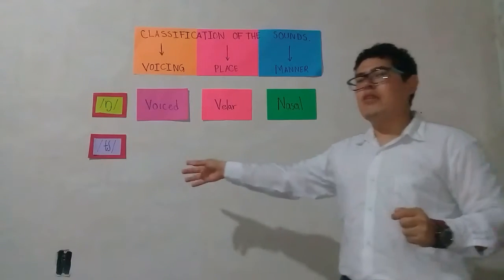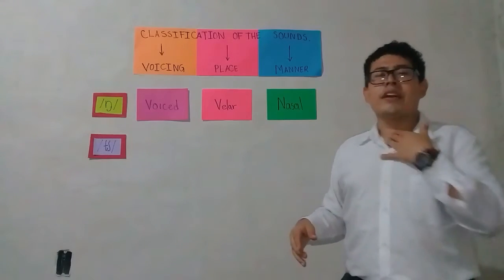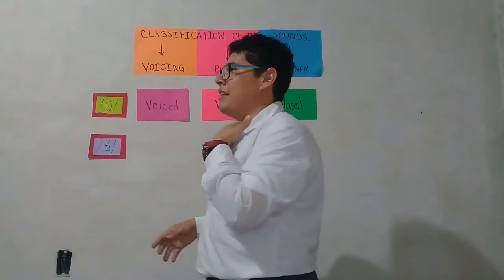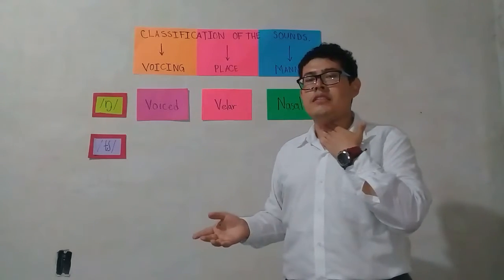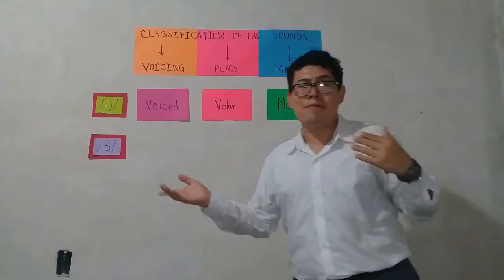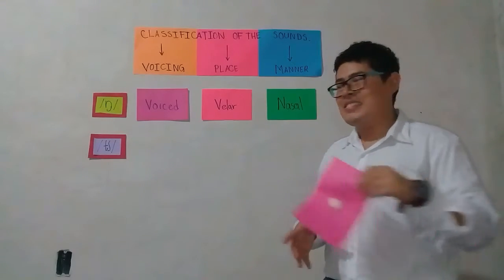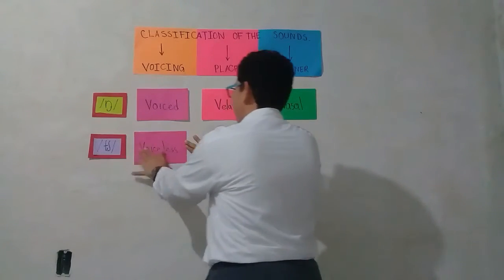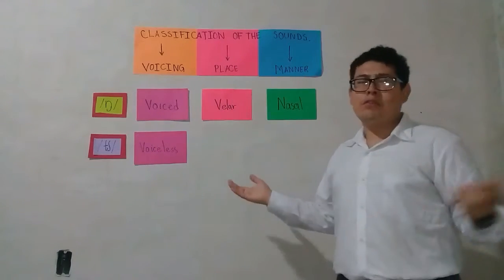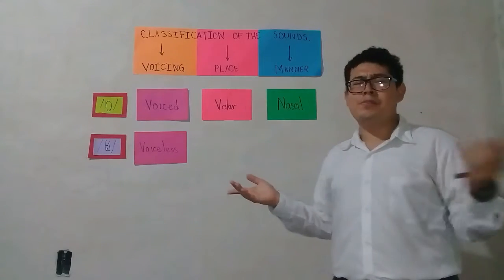But what about the sound of ch? Can we put our hand again on our throat? And can we feel it? Ch. It doesn't vibrate. And then this sound is a voiceless sound. And what about the place of this sound? Where is it produced?